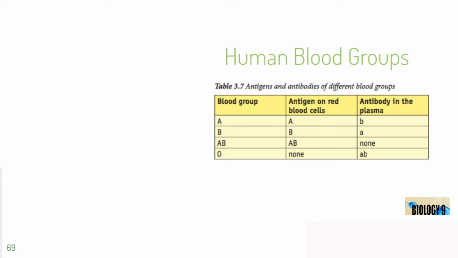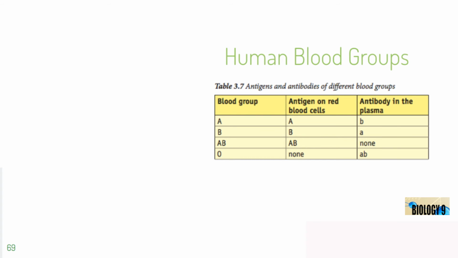Okay, so the best known is the ABO system. In this system, which is what you can see there on the right, there are several different blood grouping systems, and this is just one of them. But in this system, there are two antigens on the red blood cells, antigen A and antigen B. Remember, those antigens are protein markers.